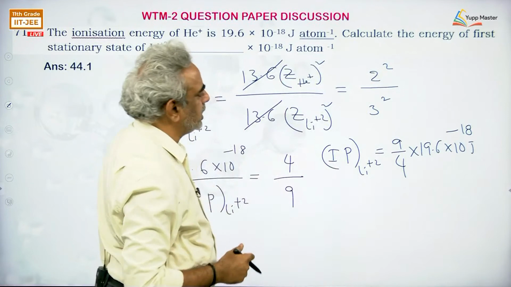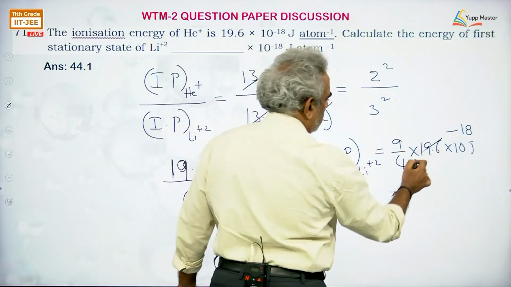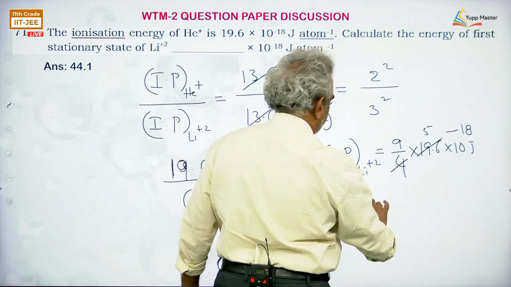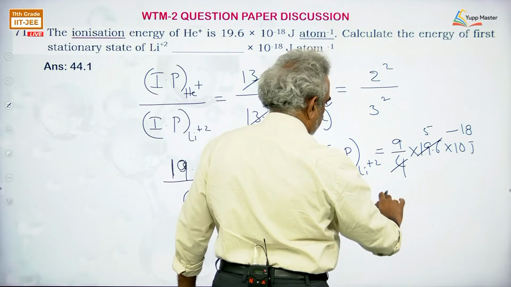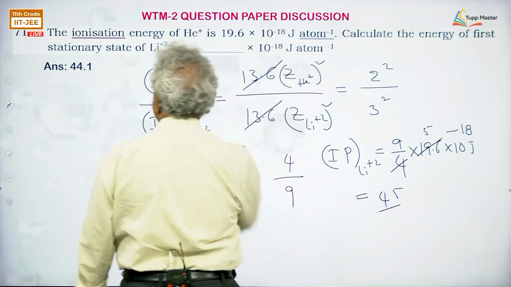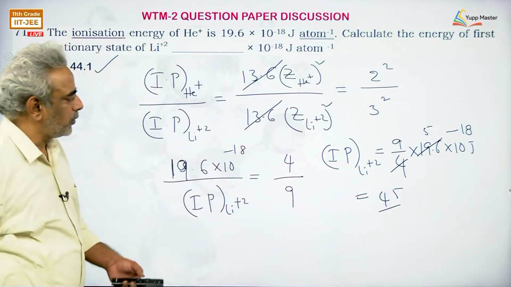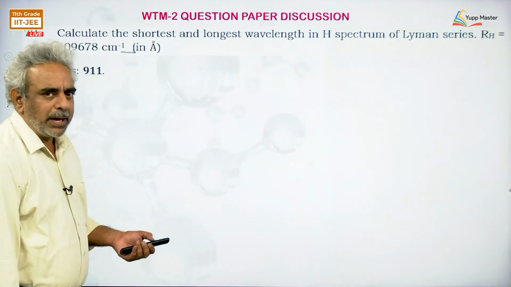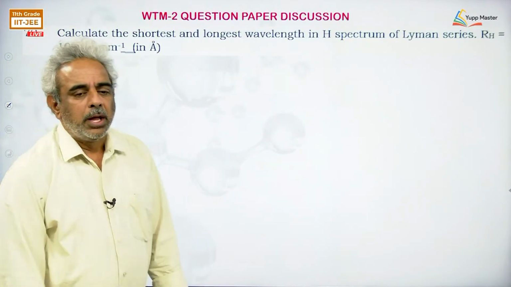So, if you work it out, it almost goes 5 times, somewhere around 45 into something. This is the answer. Very simple, the comparison of ionization energy.